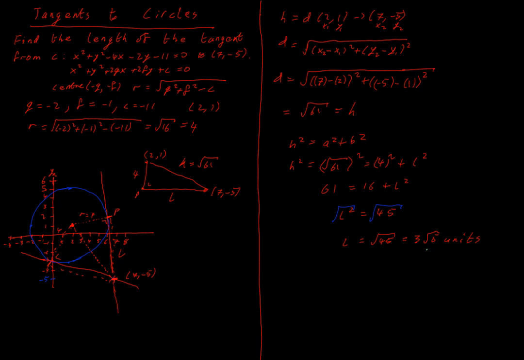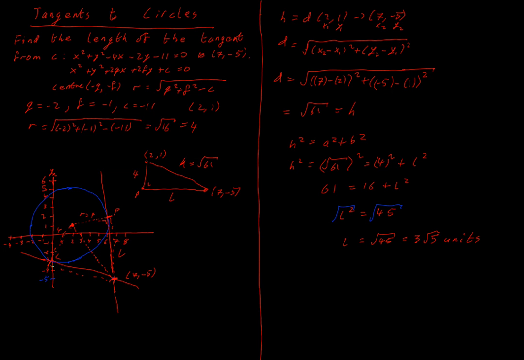So that is my length of my tangent. And again, I only have one length because this right angle triangle is congruent, is the same as the other triangle that I've got here.